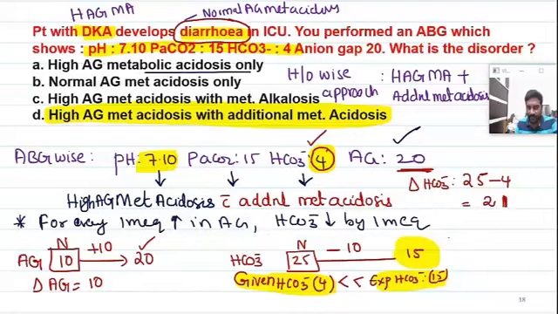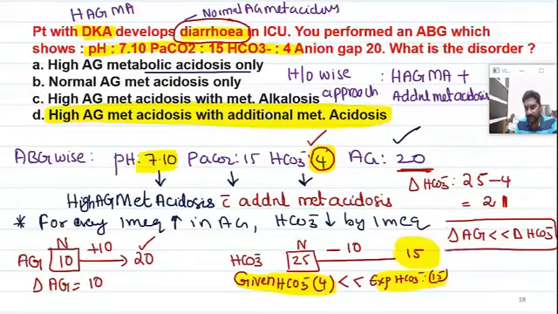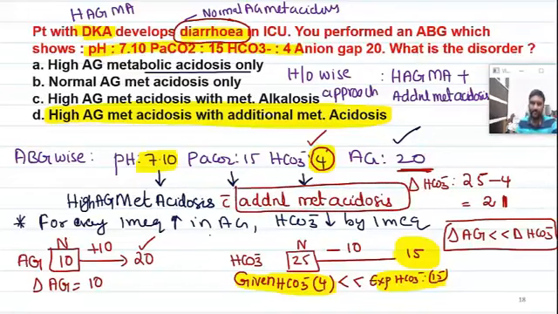So in the given question, delta anion gap is very much less than delta bicarbonate. Whenever you see such a relation, there is a possibility of additional metabolic acidosis.